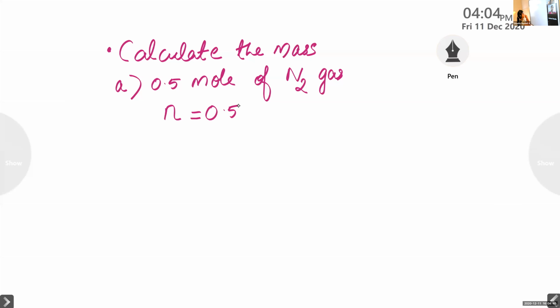Okay. Then here it is N2. So what will be the capital M? N2 is a molecule, so we have to consider the molecular mass.